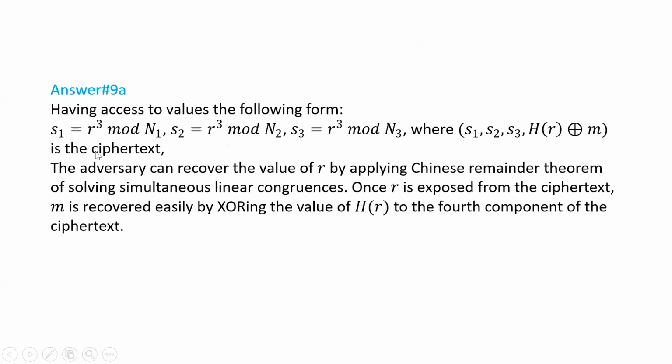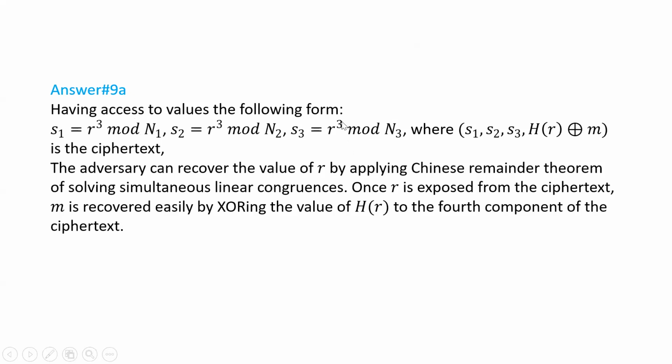So you have S1 is R cube modulo N1, S2 is R cube modulo N2, and S3 is R cube modulo N3. Then using the Chinese remainder theorem, where these moduli have to be co-prime to each other, you can get the value of R cube by solving the linear congruences simultaneously.